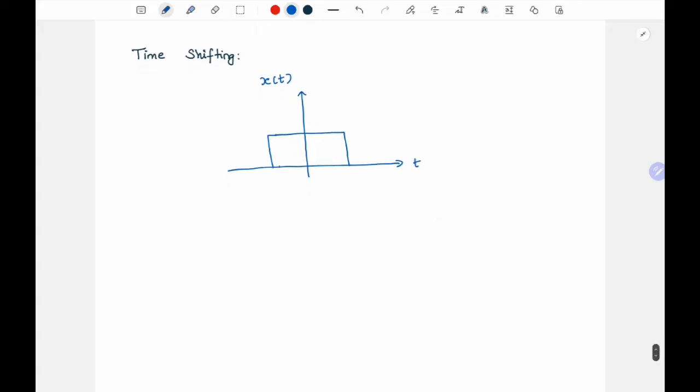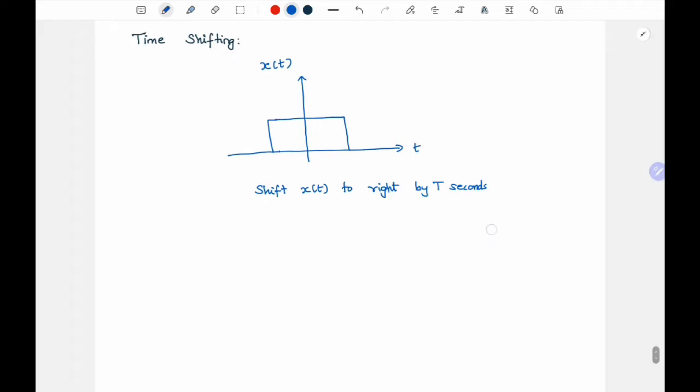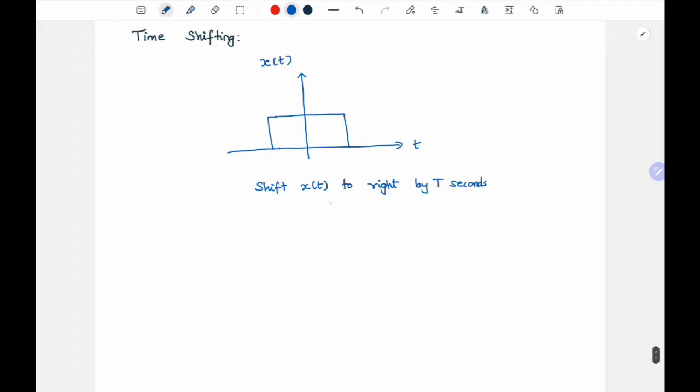And then I shift x of t to the right by capital T seconds. This is also nothing but delaying, right? So they are equivalent.